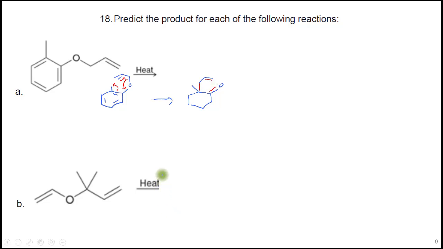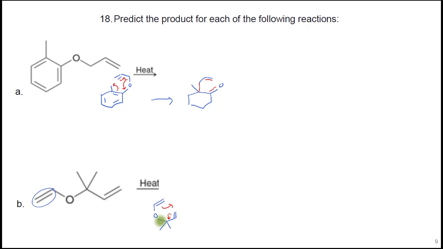For B, again, we want to draw them kind of in proximity to each other. So I'm just going to flip things around here. So this carbon here is the one at the top, and we draw our arrows very similarly. This is going to form a new sigma bond.